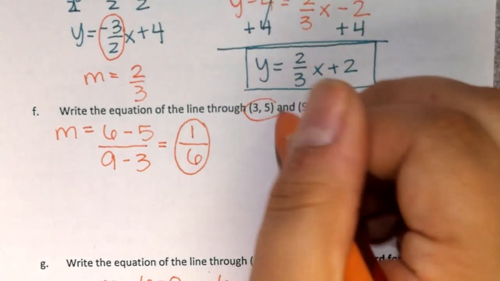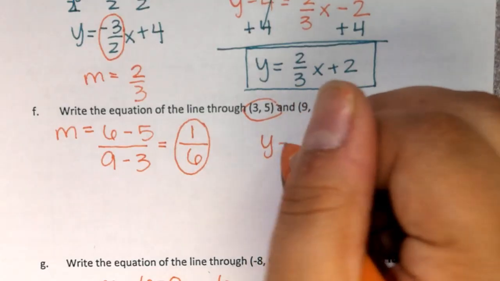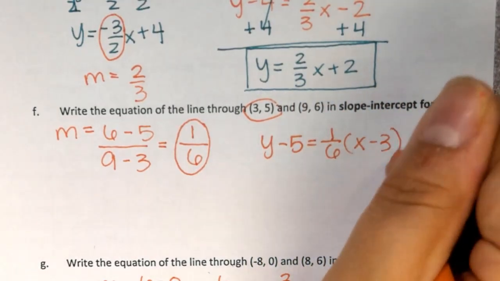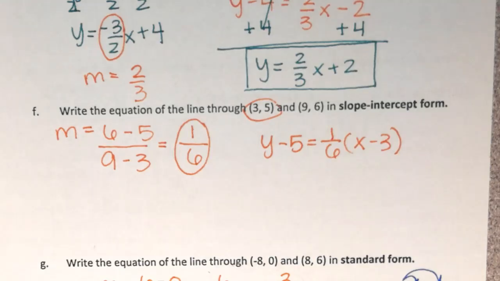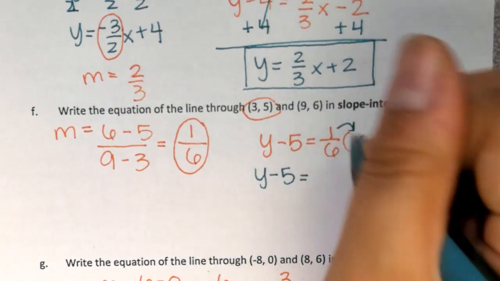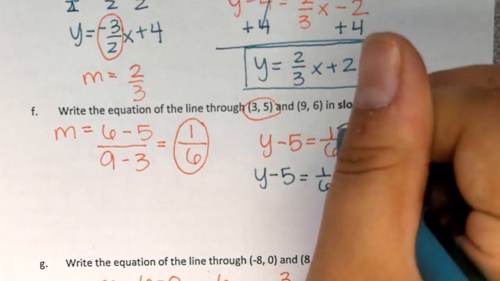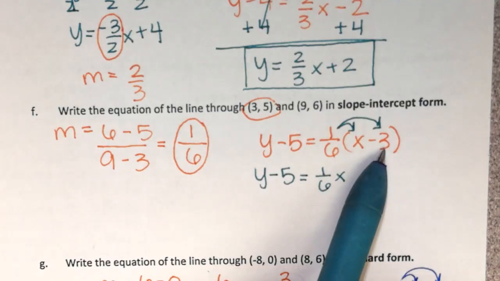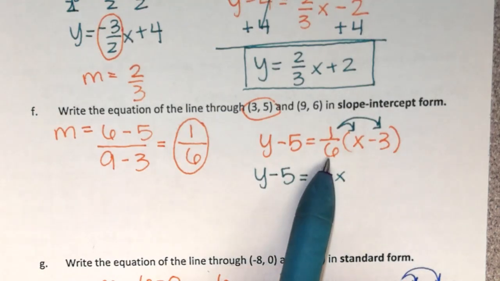It doesn't matter which one. I'm going to plug it into that one. Distribute, and we get 1 over 6x. And what is 1 times negative 3 divided by 6?